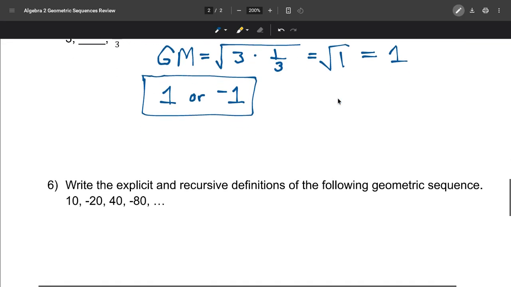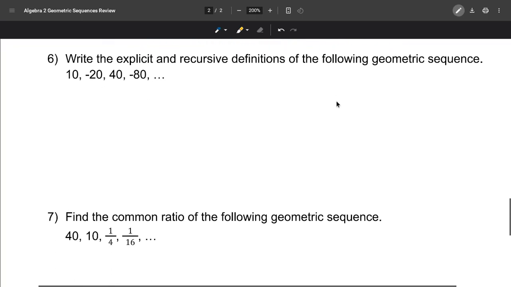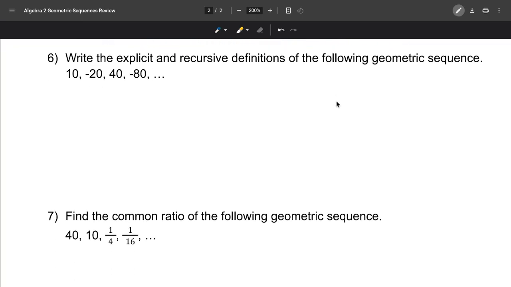All right, problem 6. Write the explicit and recursive definitions of the following geometric sequence. Let's start with the explicit definition first. We're going to say a sub n equals the first term, 10.